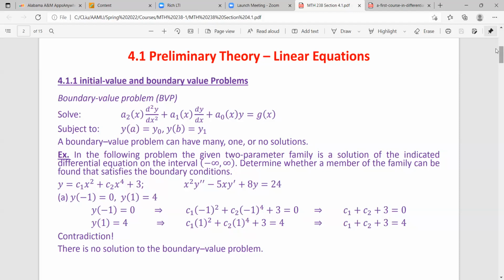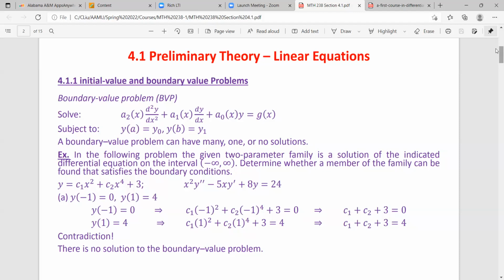So this is a second order linear differential equation, and the solution is actually given: y equal to c1 x squared plus c2 x to the fourth plus 3.